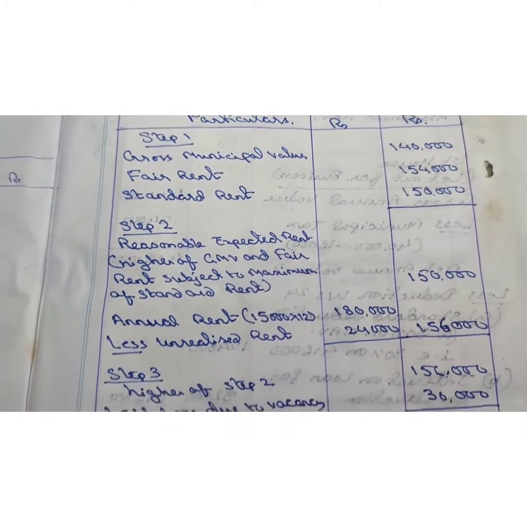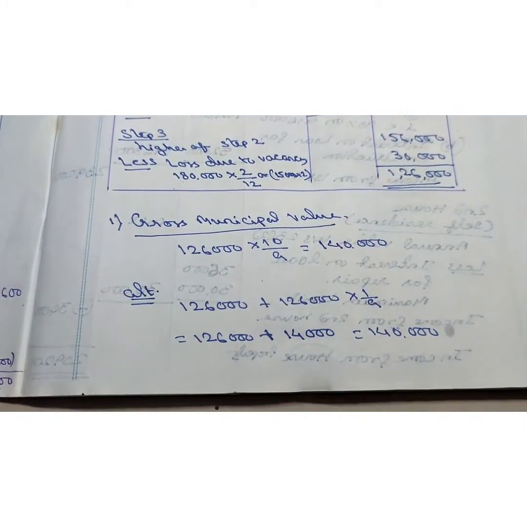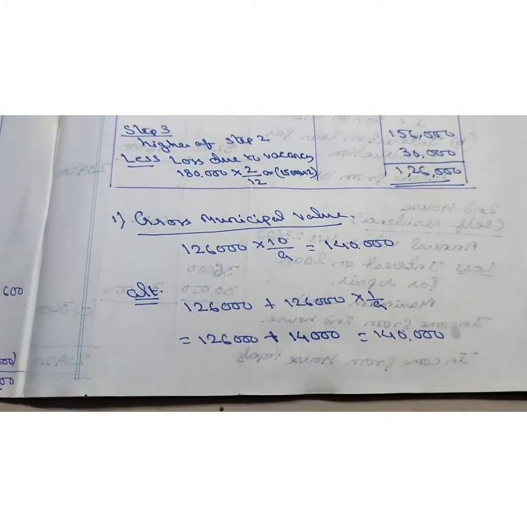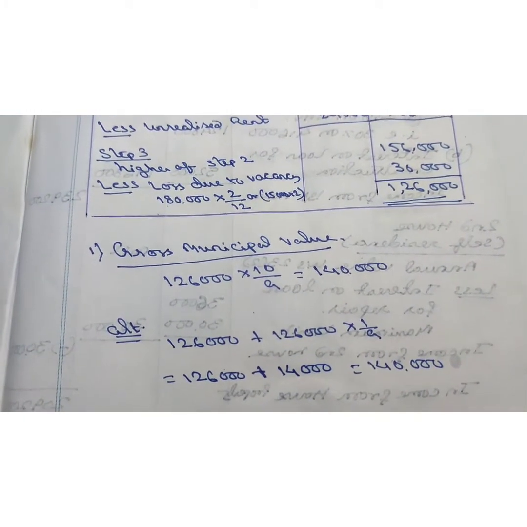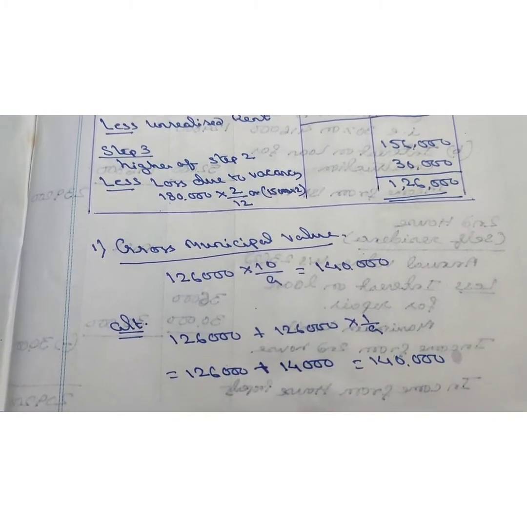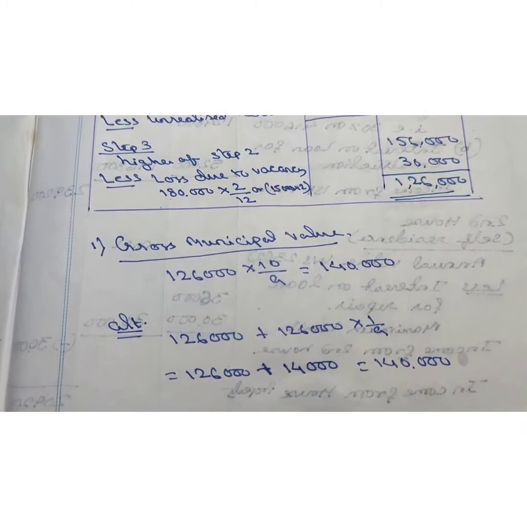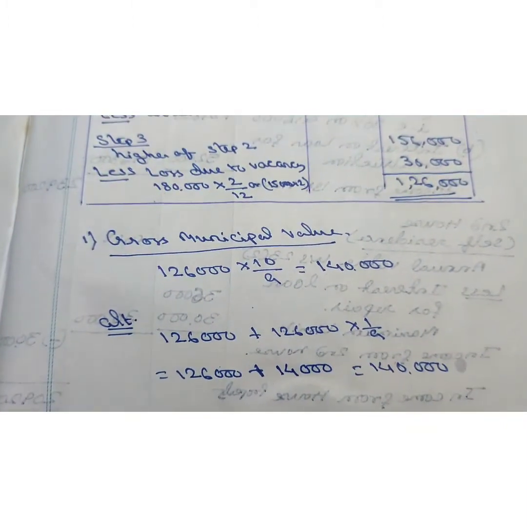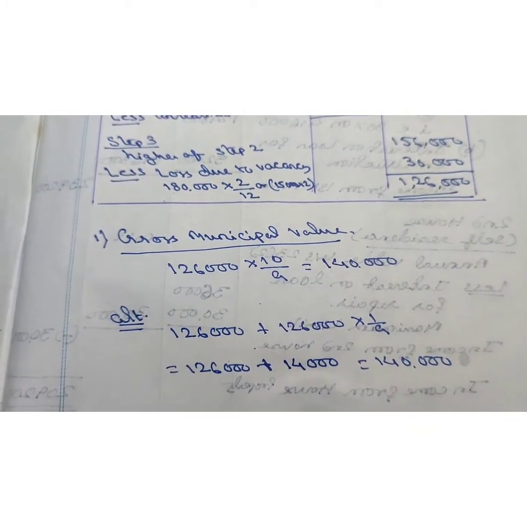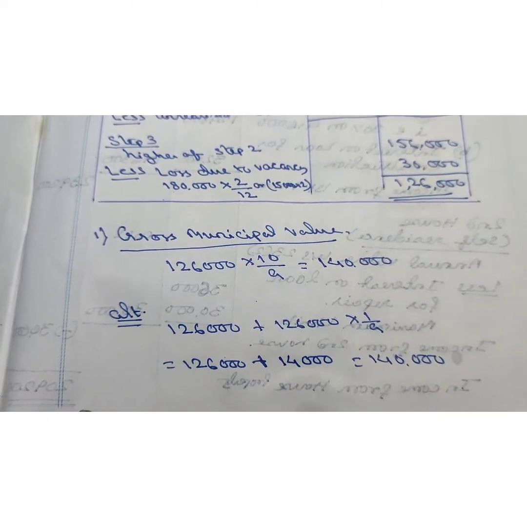Now in the workings part, for calculation of gross municipal value, I have done 1,20,000 into 10 by 9. To convert net municipal value into gross municipal value, we must multiply by 10 by 9, because we know from gross municipal value to net municipal value 10% is deducted.